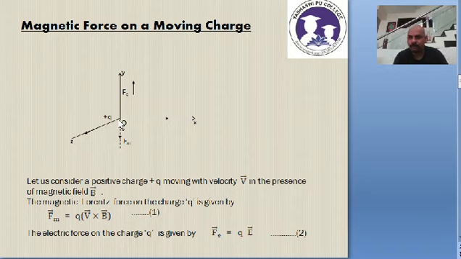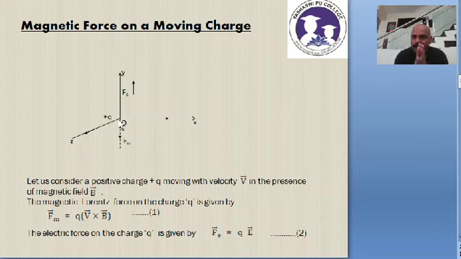So, very simple. Consider a positive charge plus Q moving in the positive x direction with a velocity v. A magnetic field is applied along the z-axis, and an electric field is applied along the y-axis. Because there is a magnetic field and also an electric field, the charge will experience two forces.